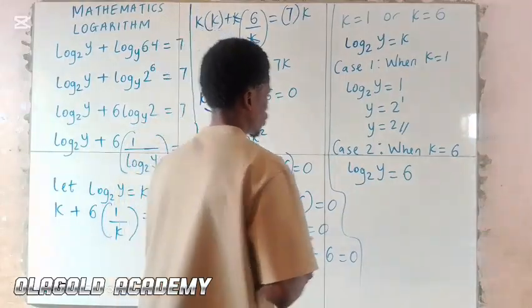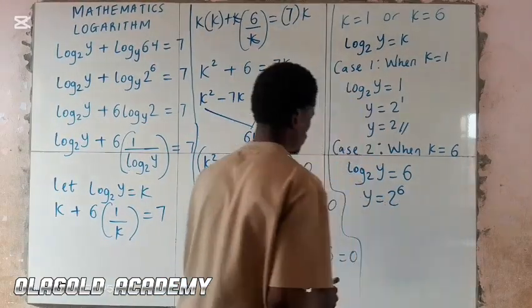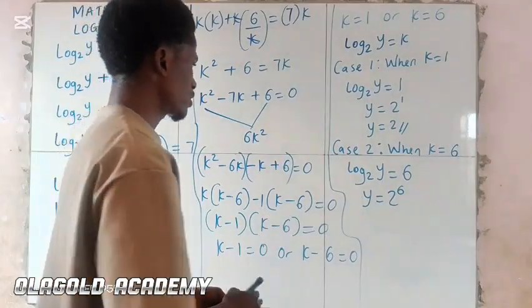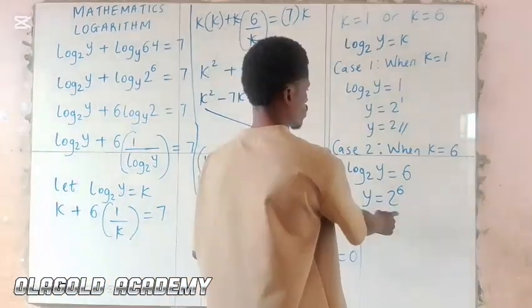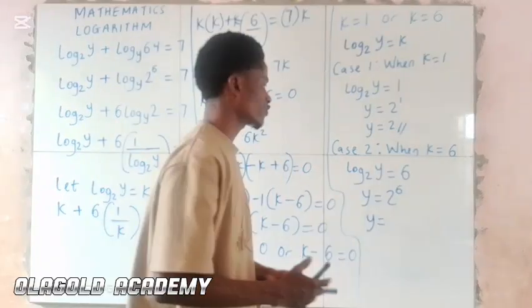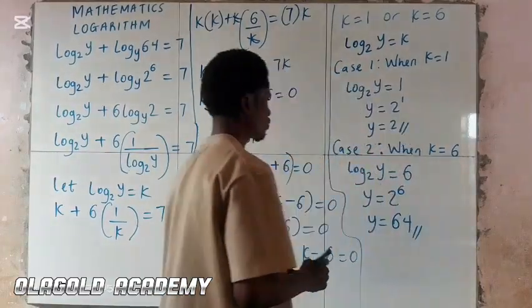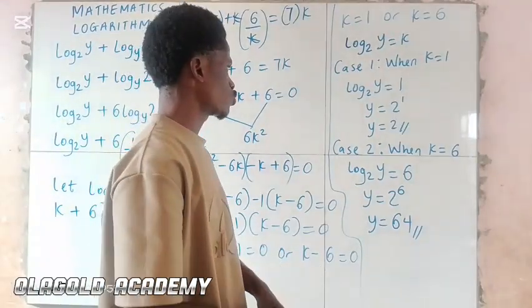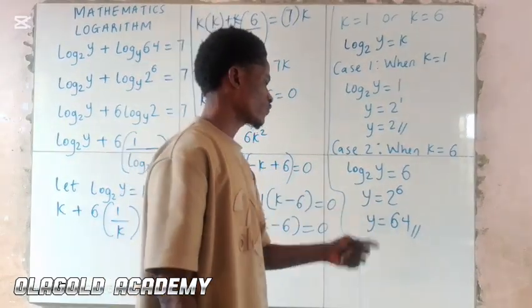From there, y equal to 2 raised to power 6. y equal to 2 raised to power 6 is what? 64. So I have 64. So y equals 2 or y equals 64.